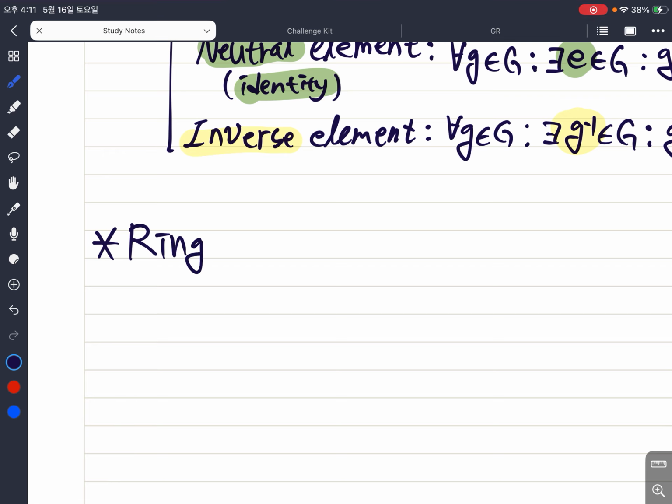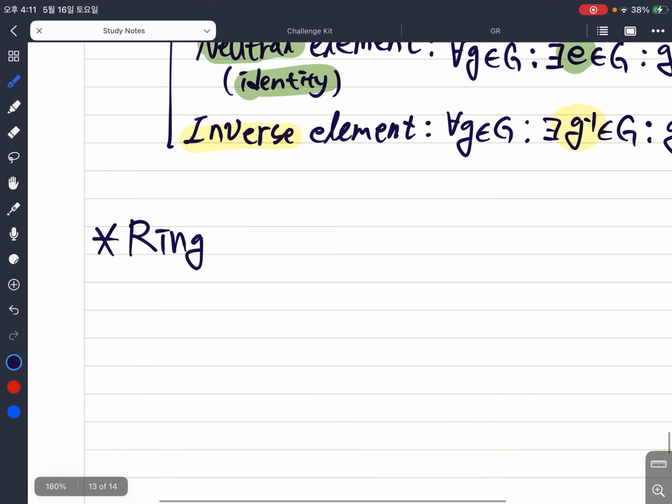Ring is similar. Ring is, but in this case, a triple: R, plus, and dot.